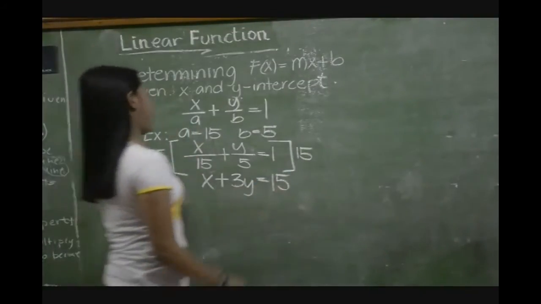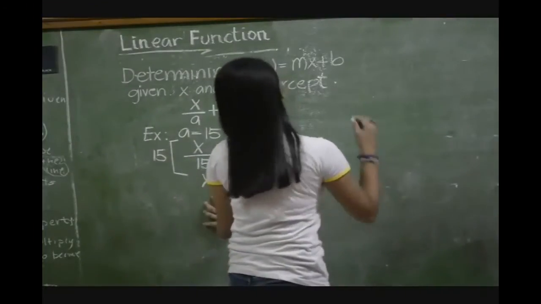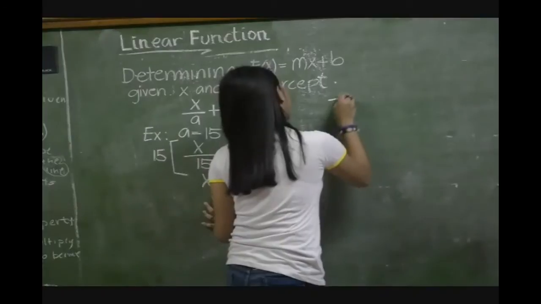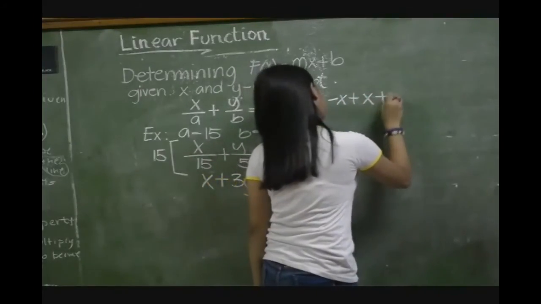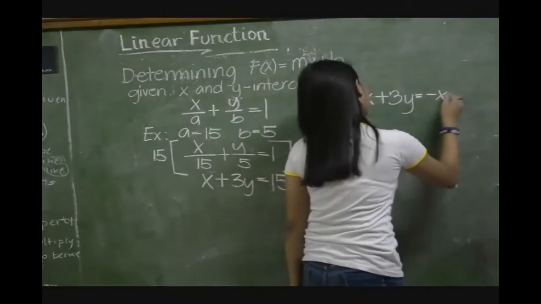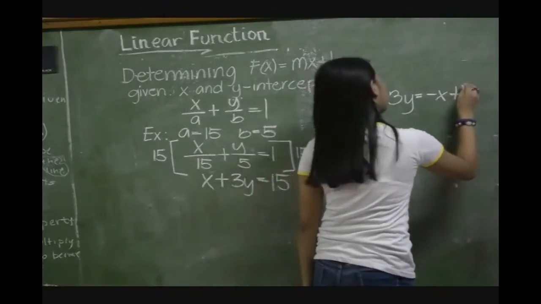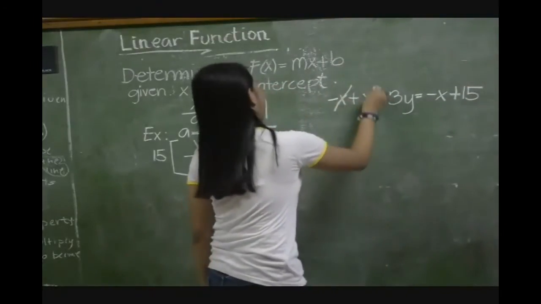To cancel x, add negative x to both sides. Cancel this.